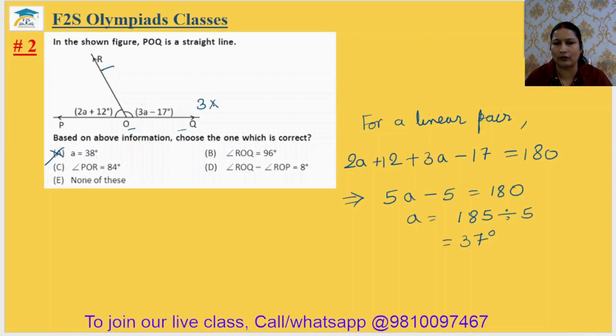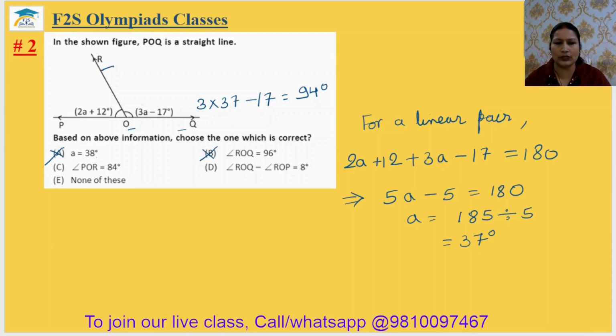So 3 multiplied by 37 minus 17. Once you solve it, you will get the value of this angle as 94 degree. But it is written 96 degree, so option B is also rejected.